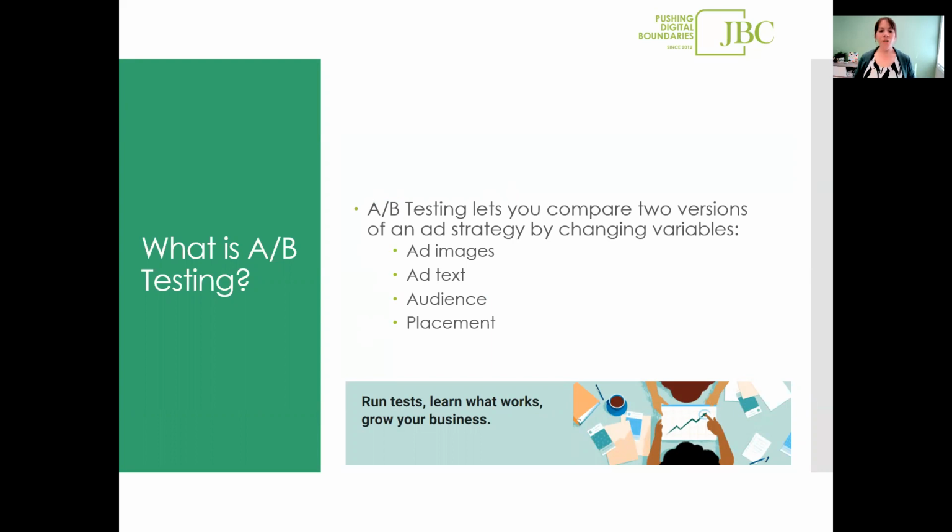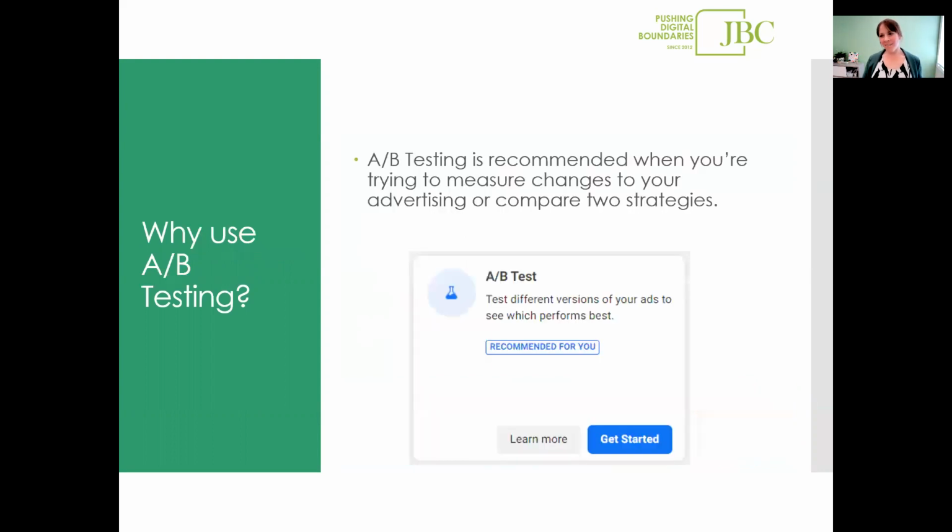So this could be an ad image. This could be the text. This could be where the ad appears, or the audience. But the key with A/B testing is to change only one variable so that you know what is making the difference in your ad. It's a fancy way to say testing.